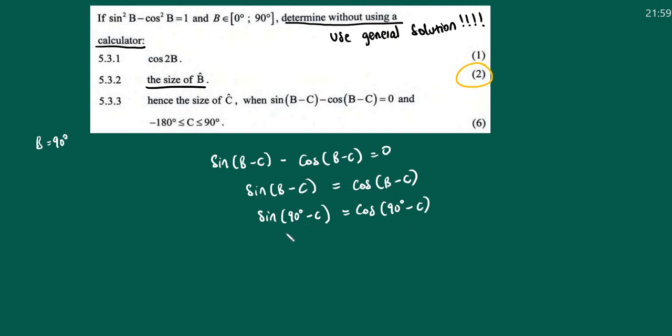So this can be written as cos c is equal to sine c, isn't it? And then now remember, when we're dealing with general solutions, again I'm referring you back to that in Limpopo, this is a question paper from Limpopo, the one they wrote on trial.